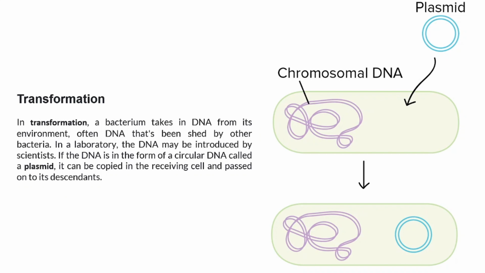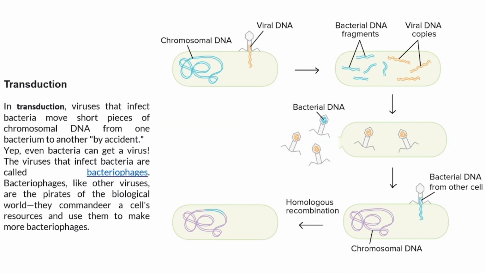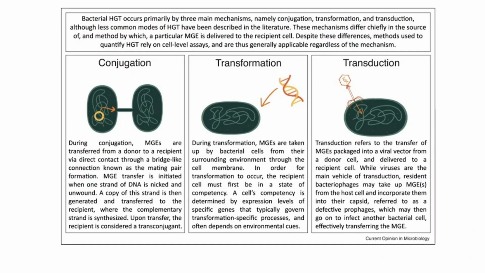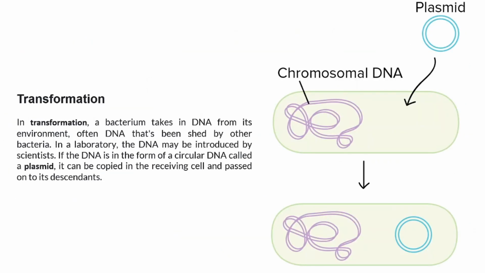In transformation, the bacterium takes up a piece of DNA floating in its environment. In transduction, DNA is accidentally moved from one bacterium to another by a virus, and in conjugation, DNA is transferred between bacteria through a tube called a pilus. So what happens in transformation? A bacterium takes in DNA from its environment, often DNA that's been shed by other bacteria.